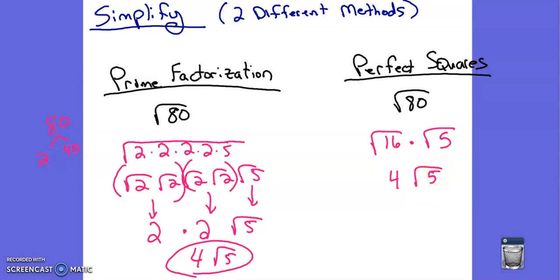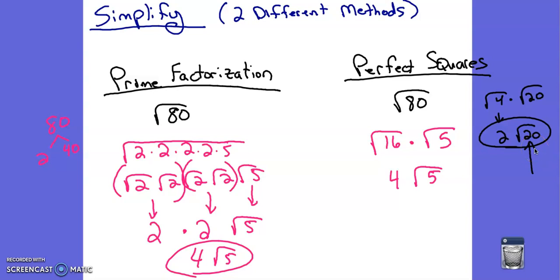Now, by the way, just as a side remark, a lot of students on this one will do 4 times 20. And 4 is perfect, and so they'll go 2 times the square root of 20, and they'll actually leave their answer that way. Well, remember, what we're trying to do is simplify all the way. So notice the square root of 20 is not simplified all the way.